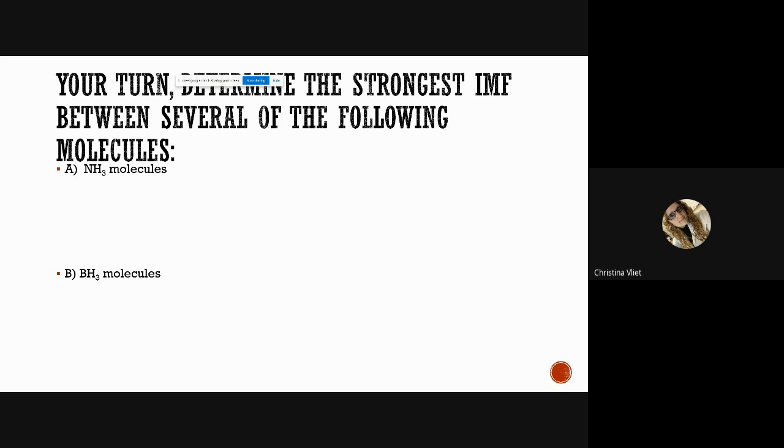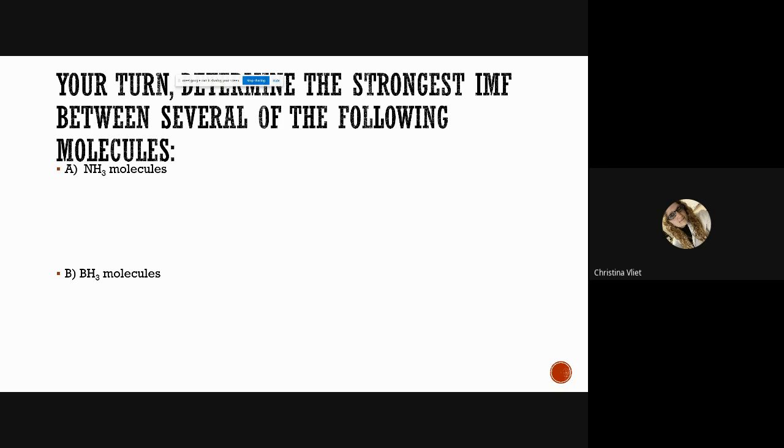On what I consider to be a hard, or an important, lesson: when it's non-polar, it would be dispersion force. When it is polar, it's permanent dipole, and if it's hydrogen bonding, this is hydrogen bonding to fluorine, oxygen, or nitrogen.